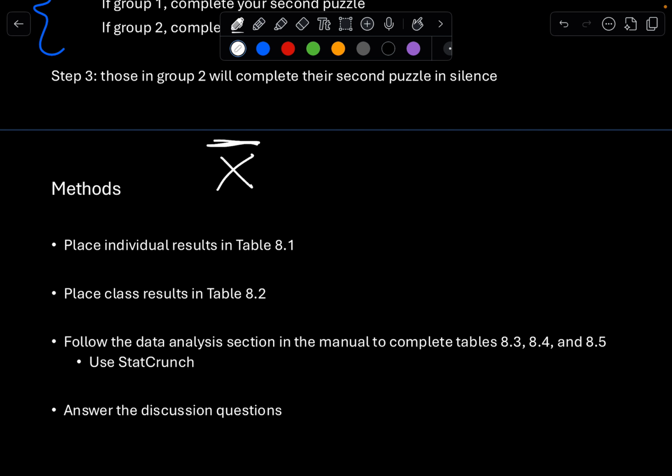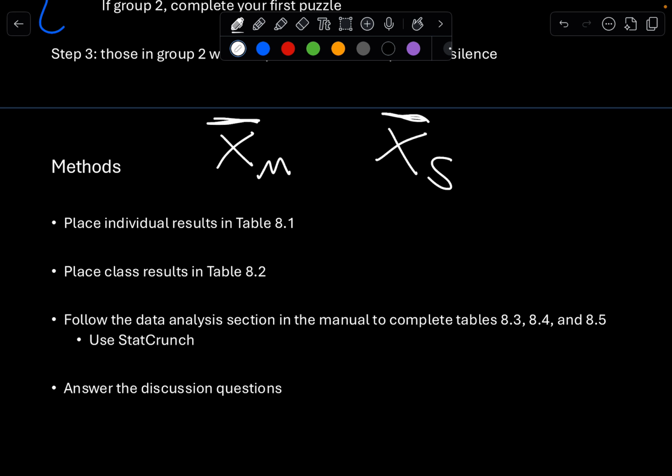So you'll get the average number of words found with music playing in the background, right? And then you'll also get the average number of words found with no music, silence. So we have two sample averages. We want to estimate the population averages, right? So we want to see if there is a significant difference between the average number of words found with music versus in silence.